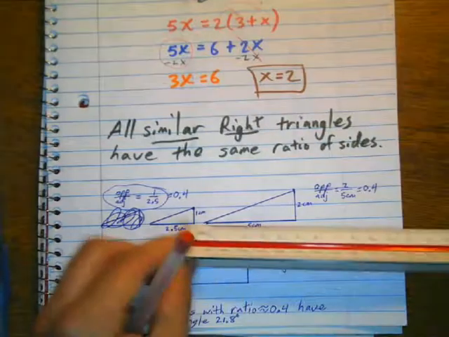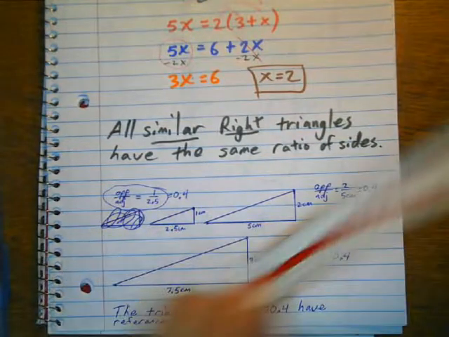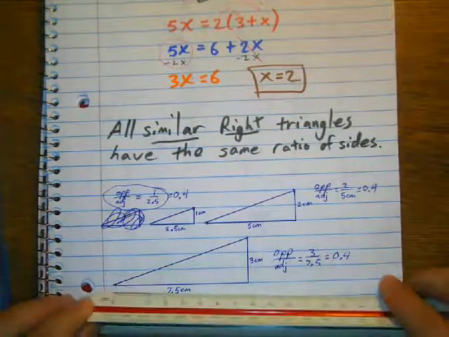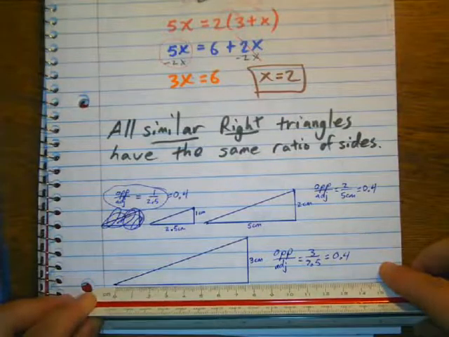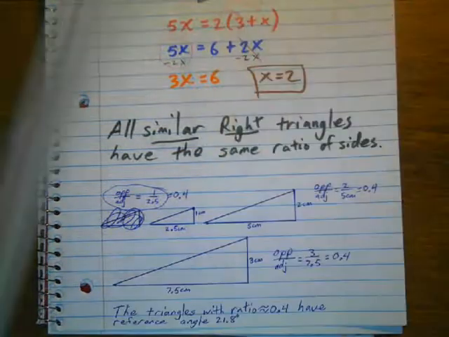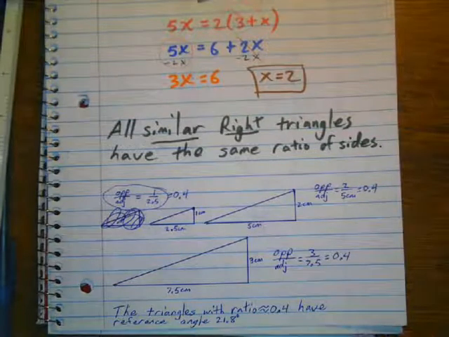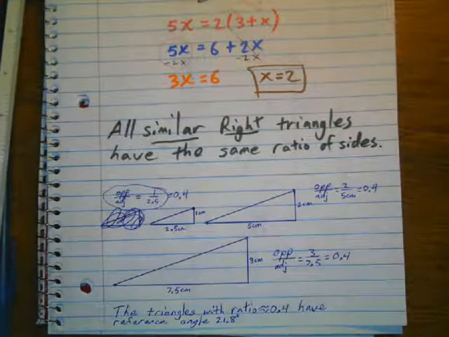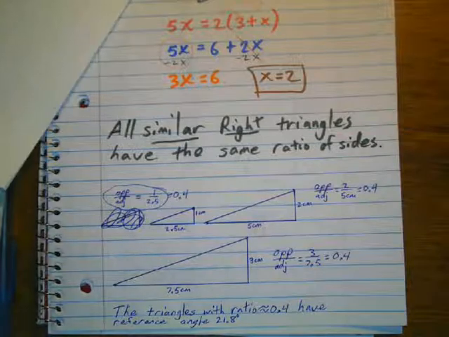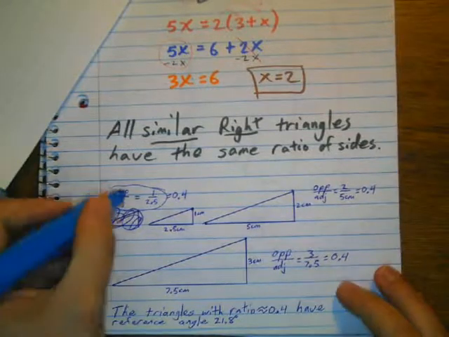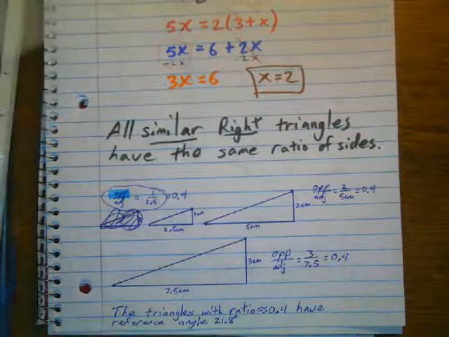I measured this to be 5 centimeters by 2, and I measured this to be 7.5 centimeters by 3. And if I take all of these measurements, remember we're focusing with opposite side over the adjacent side.